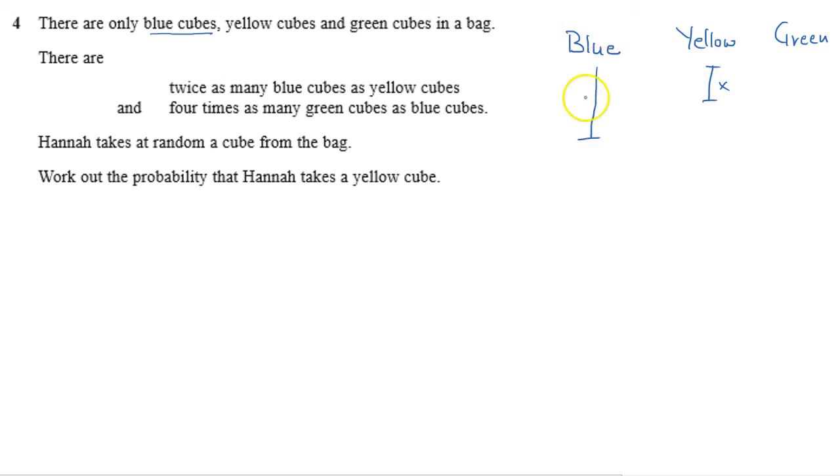So twice as many blue cubes as yellow, so blue will be 2x. And 4 times as many green cubes as blue. So green cubes is 4 times as many, so this multiply 4, that is 8x cubes.